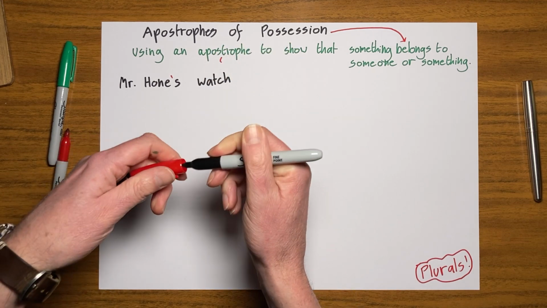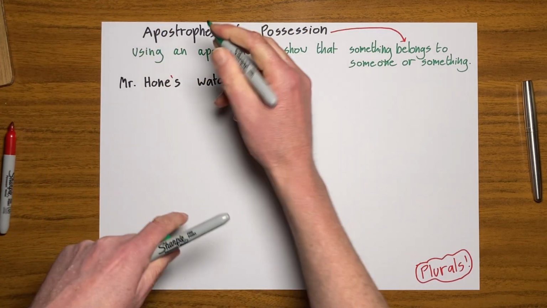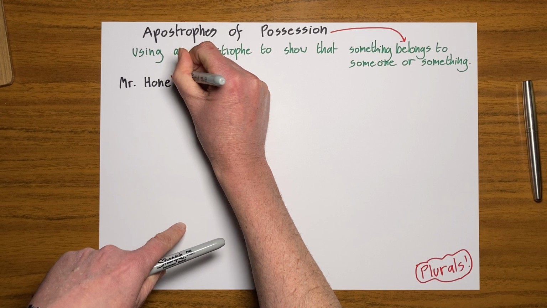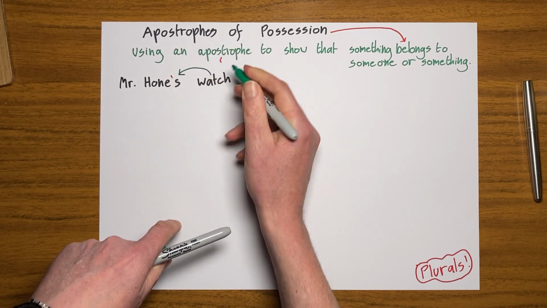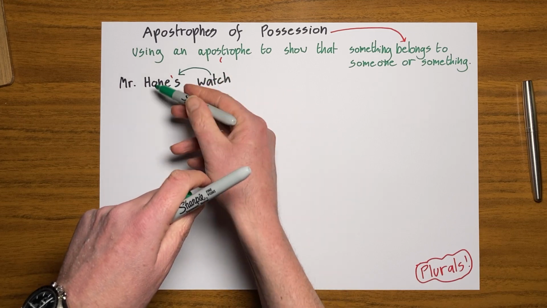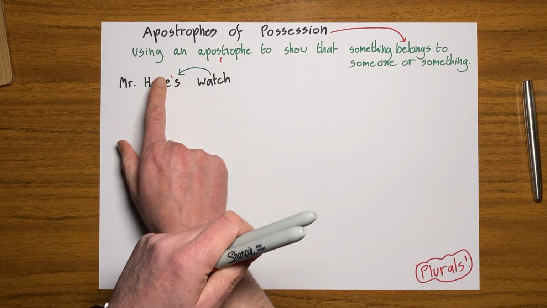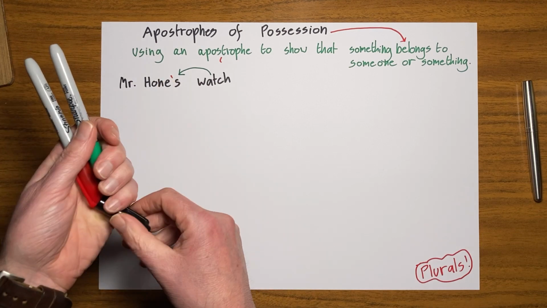And what that is saying is that the watch belongs to me. So whatever it is that you have or you own or belongs always goes afterwards. Mr. Hone's watch. And be really careful about where you put the apostrophe and the S.